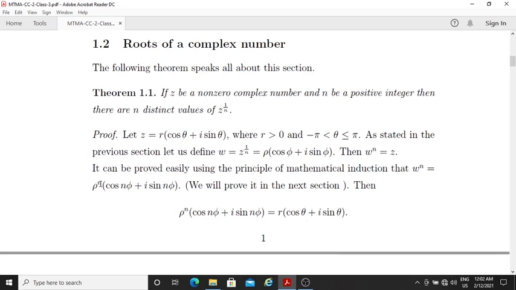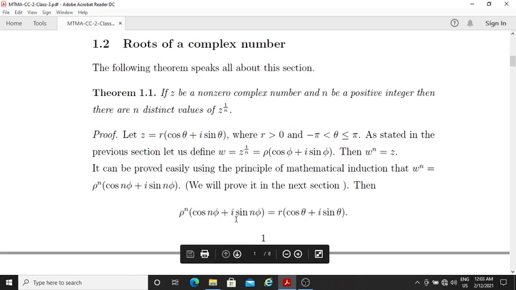So definitely it is rho to the power n, and for the inside part, which we will prove in the next section, we just assume that (cos psi plus i sin psi) whole to the power n is cos n psi plus i sin n psi. It is easy to prove using mathematical induction, and we will prove it in the next section. So this equation, w to the n is z, now turns out to be this.